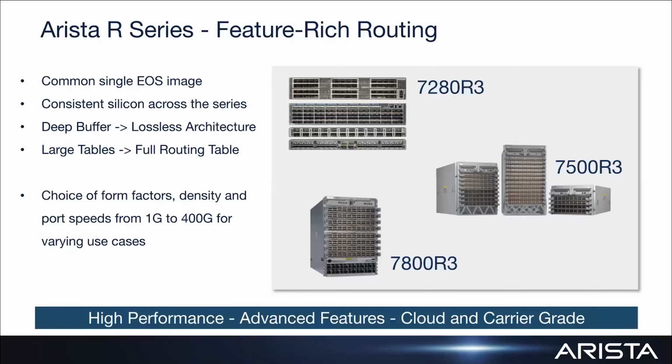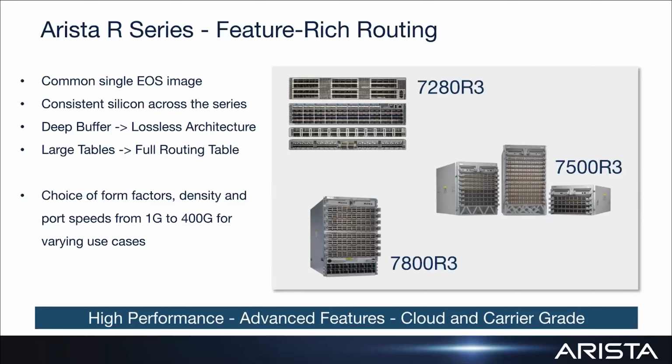It also has very large table sizes as demanded, for example, for internet scale routing. And within that portfolio, there's quite a wide variety of form factors, density, port speeds, going from 1 gigabit all the way up to very high density 400 gigabits, depending on the use case.